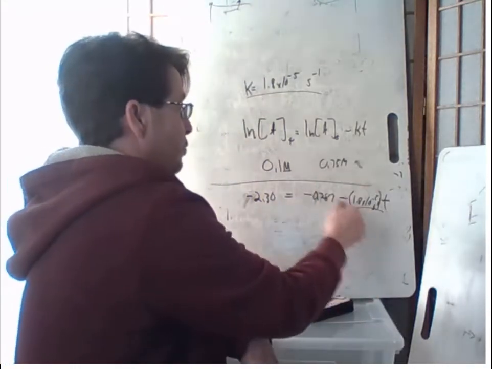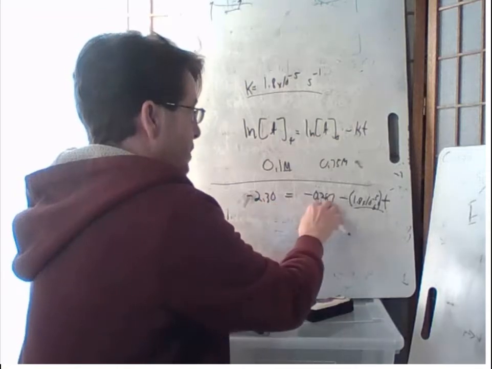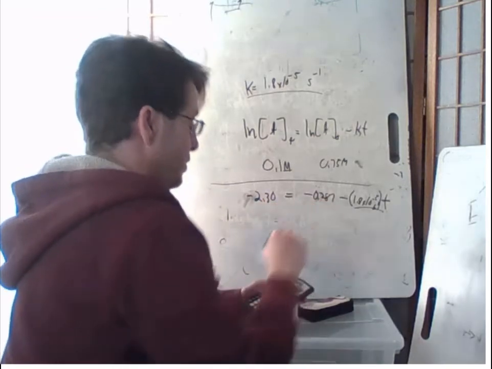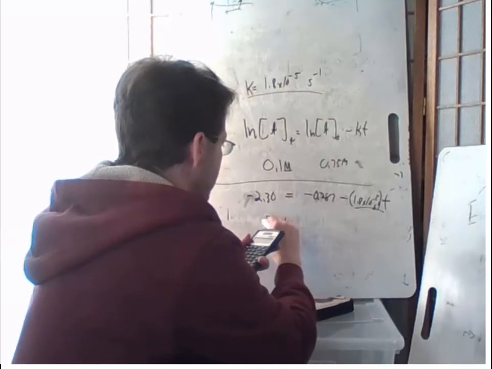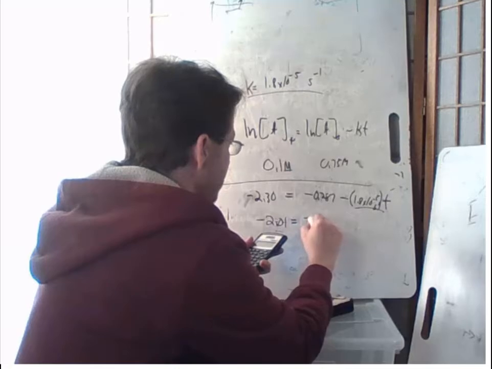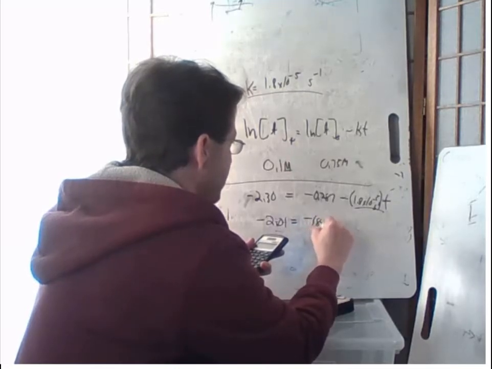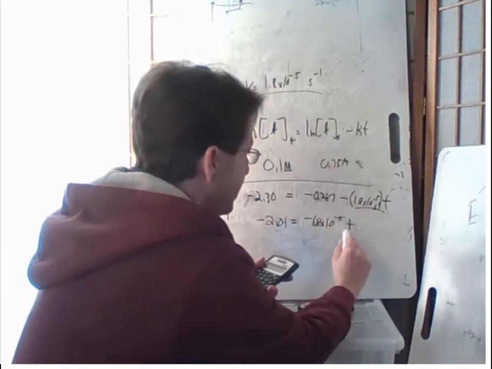And so we can rearrange and solve for the time. In this case, we had 2.30, subtract out minus 0.278. So this gives us negative 2.01 is equal to negative 1.8 times 10 to the negative fifth t in seconds.